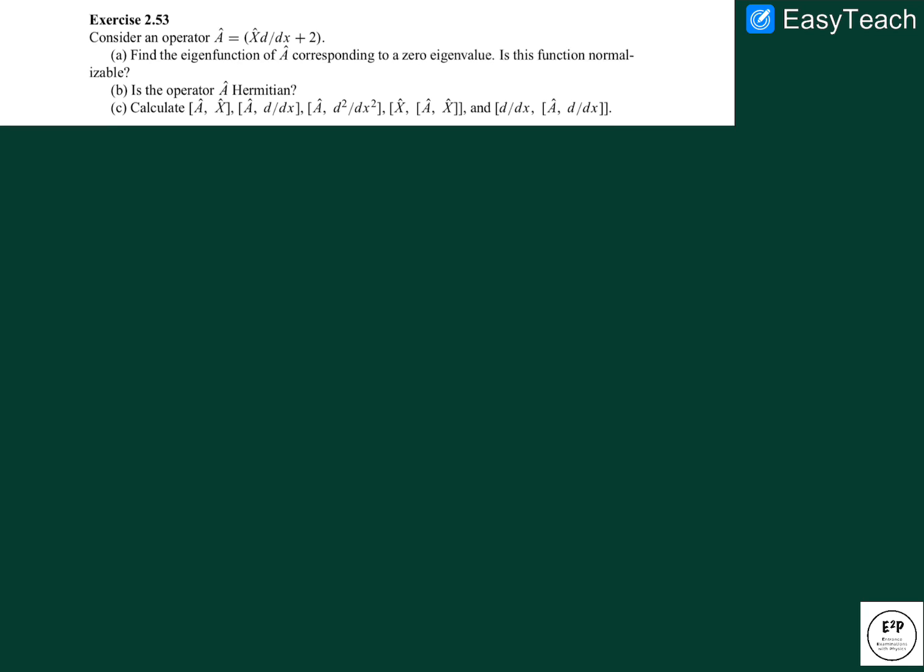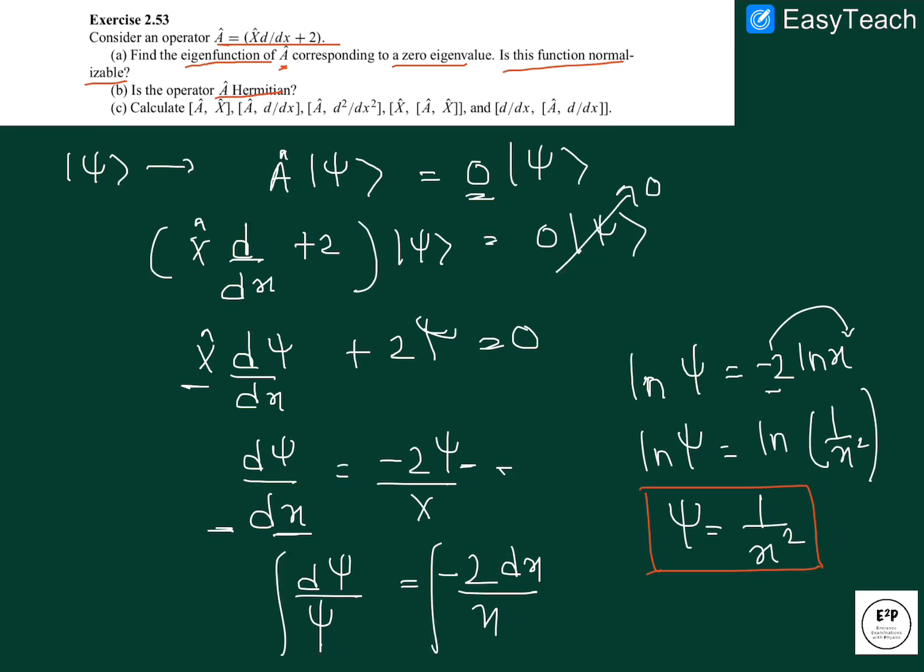Now to see whether this function which we have got, psi as 1 by x square, is normalizable, before we do that, there is one more thing. We can also add an ln c over here. This won't be much of a problem. This c will just come over here, so the psi will just be modified to c by x square.